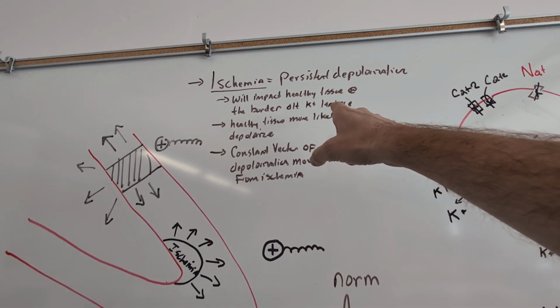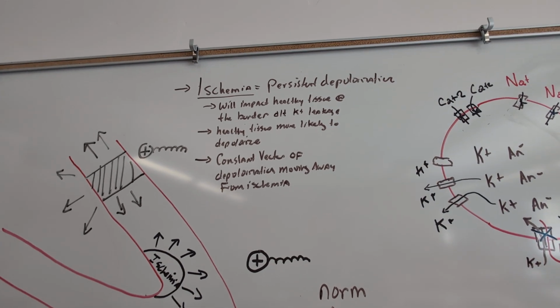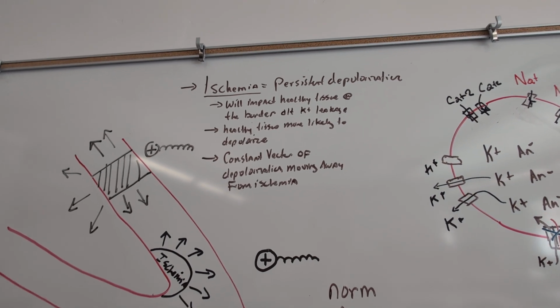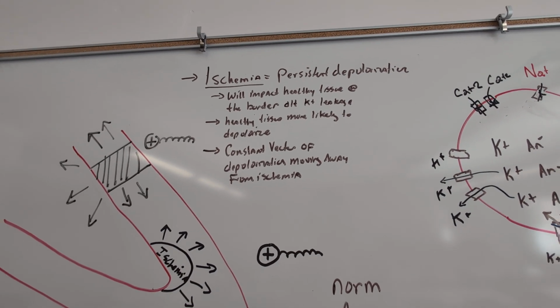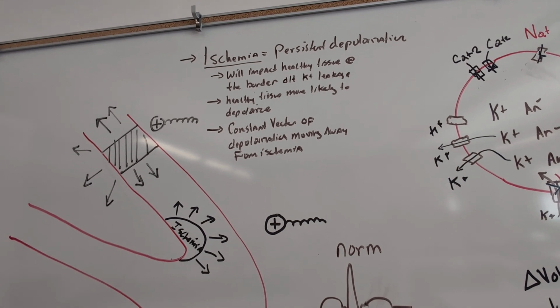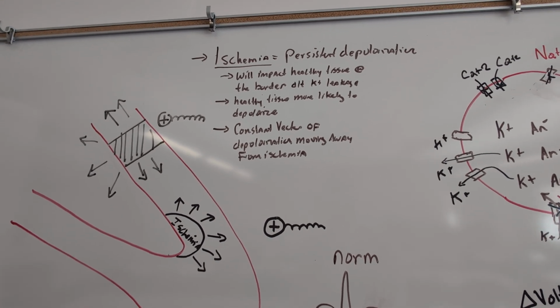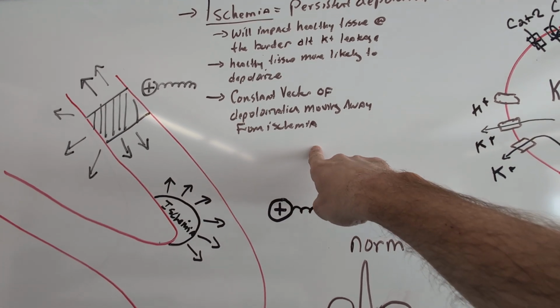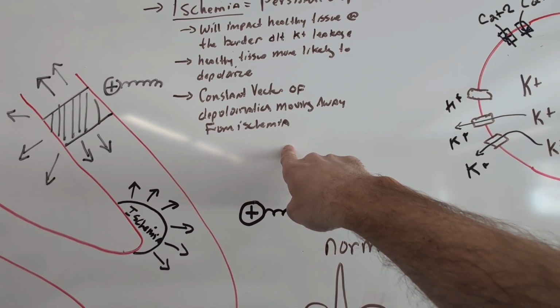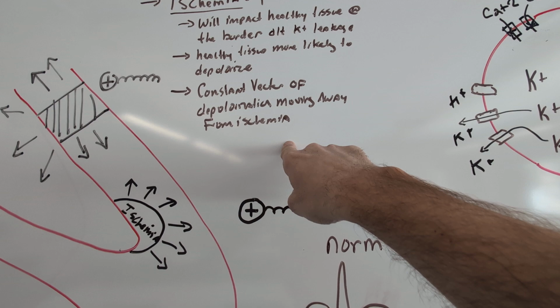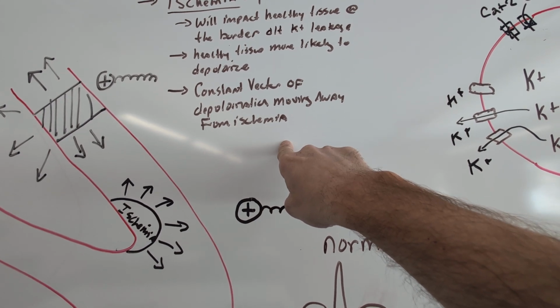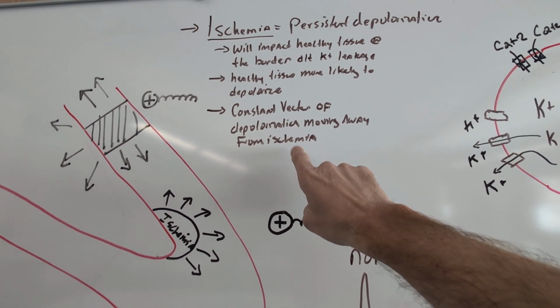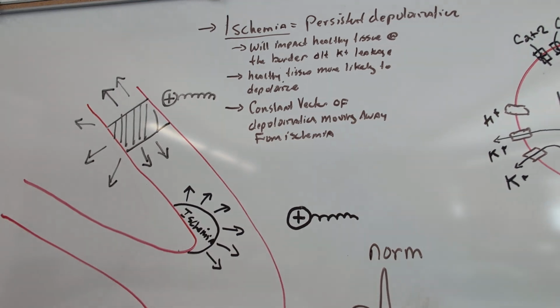The healthy tissues at the border, due to this potassium and sodium leakage, will be more likely to depolarize, and so that pushes a current. Essentially, you have a vector, a current of ions flowing from the injured ischemic cells to healthier cells. And there's a constant vector of depolarization that moves away from ischemia.